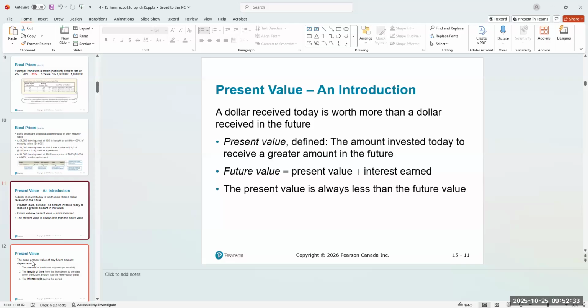Since the dollar today is worth more than the dollar tomorrow, sometimes we have to define the present value. Present value of what? The present value of the money that we're going to receive 10 years from now. Question for you.